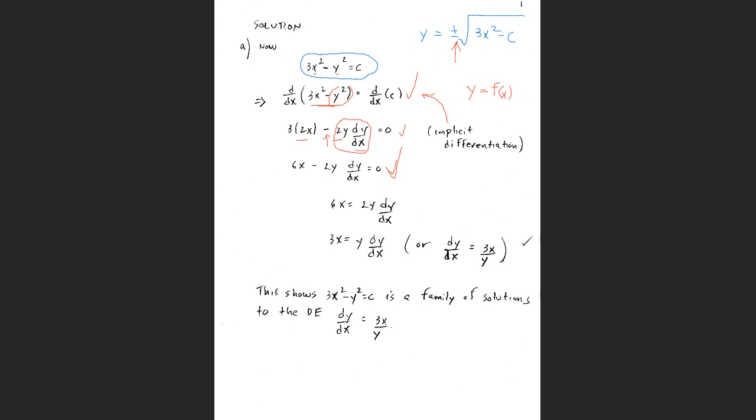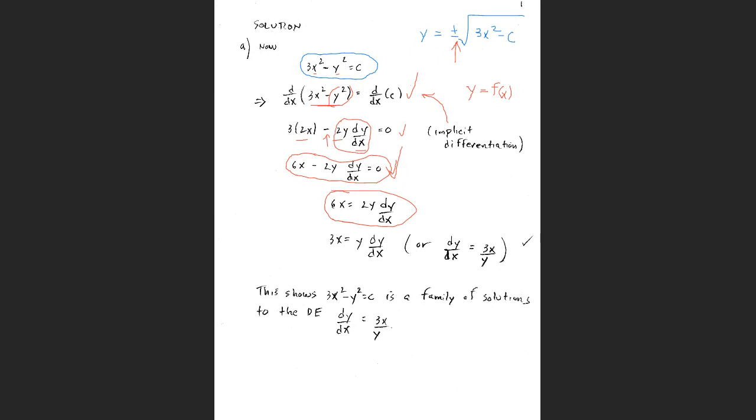All right. Well, of course, I want to get that y times dy/dx equals 3x. So hopefully I can manipulate this result so that I get y times dy/dx equals 3x. Let me then add the 2y dy/dx over to the right side, and then I will divide both sides by 2.